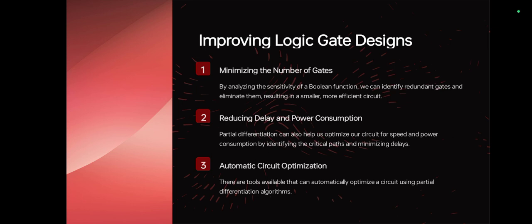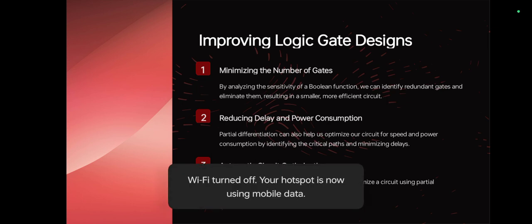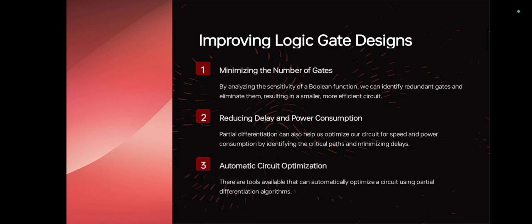One approach is to use different combinations of gates to achieve the desired logic function while minimizing the number of gates used. Additionally, optimizing the arrangement of gates and their interconnections can help reduce delays and improve overall performance. Do you have a specific logic gate design in mind that you'd like to improve? If yes, then let's dive into it.